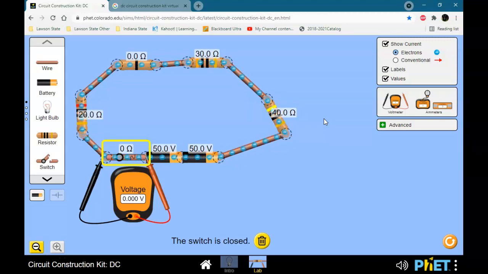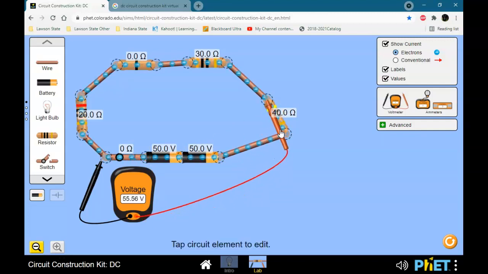Now, the only thing this thing does not do is it does not calculate power for you. It'd be really great if it did, but it doesn't. But like I said, the best thing about it is that it does show you in a lot of different ways how everything actually works.